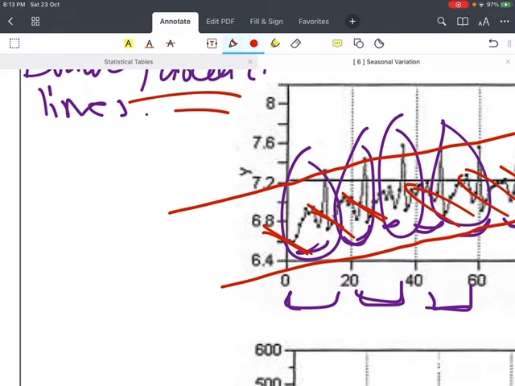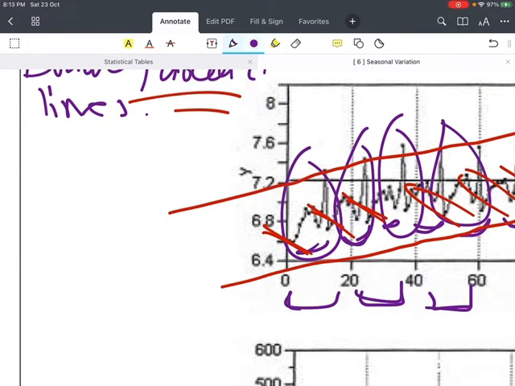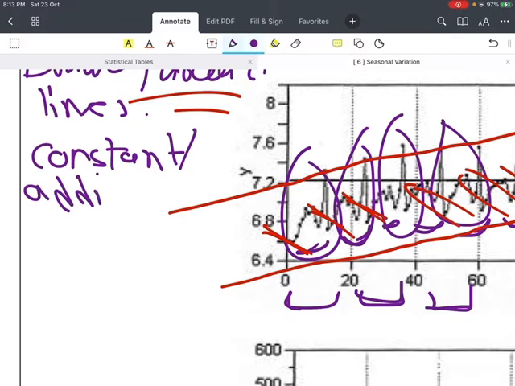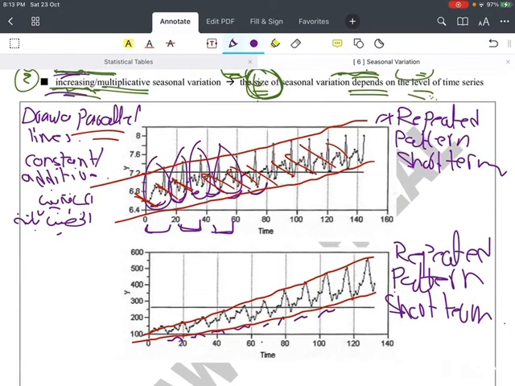So we call this graph constant or additive, because I have parallel lines and because the space between the lines is constant. Okay, the space between the lines is equally likely.